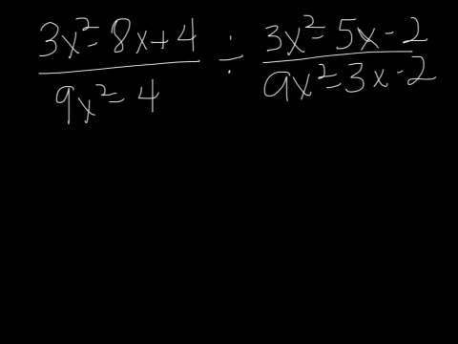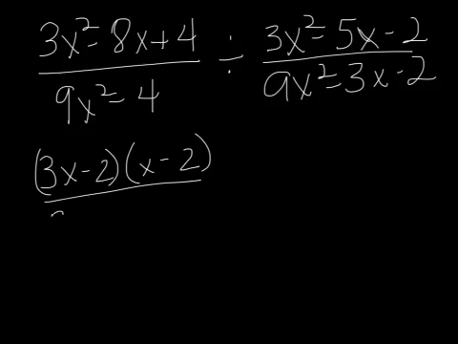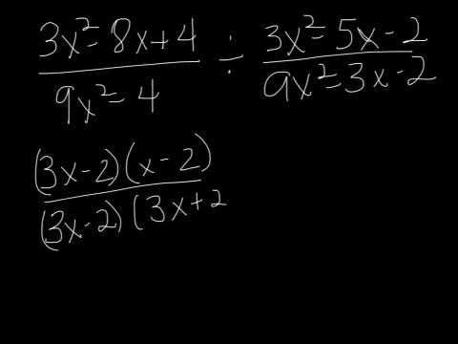Well, remember, it's all about the factoring. So I'm going to try to factor the top. And I think it's (3x minus 2)(x minus 2). The bottom, you've got to recognize, is the difference of squares. (3x minus 2)(3x plus 2). And I see immediately I can reduce the 3x minus 2's.